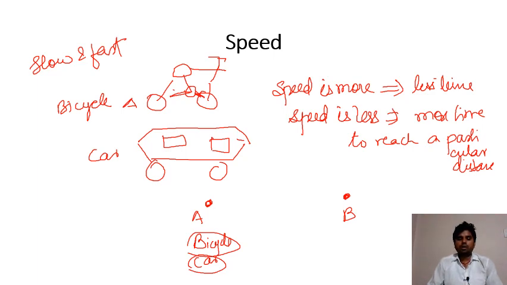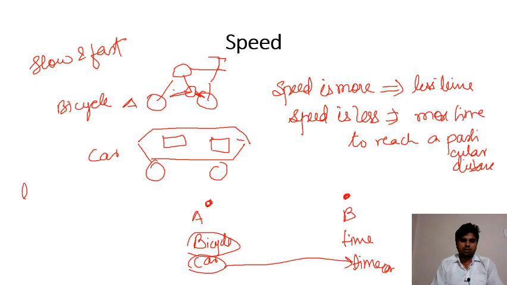Yes, so we can say that the car will reach B much faster than the bicycle. So if the car reaches B faster, then time will be less for the car and time will be more for the bicycle. So the time taken by the bicycle will be more than the time taken by the car.